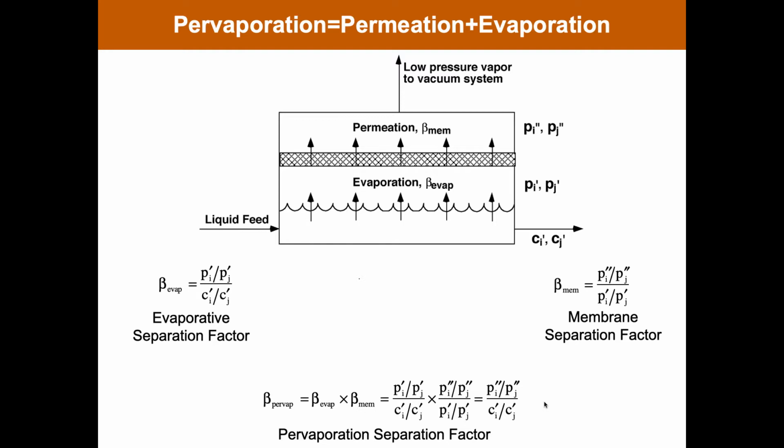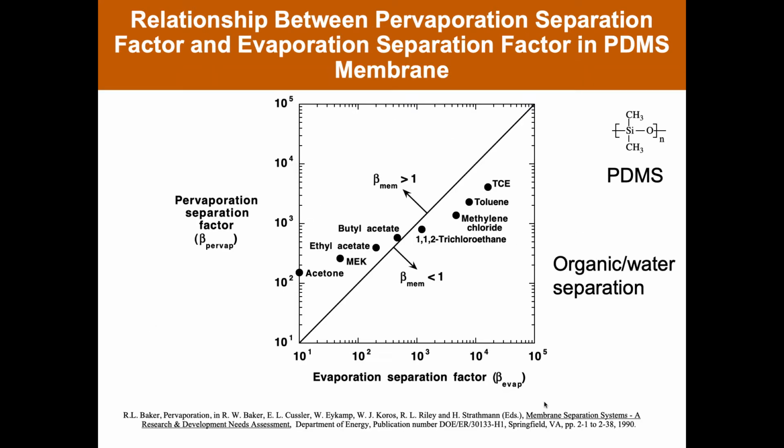And so we often talk about pervaporation separation factor being a product of a thermodynamic piece that comes from the vapor liquid equilibrium. This is the one you would know from just designing distillation columns, and then a piece that would come from the membrane separation. And these two separation factors can act together, or they can act against one another, depending on the situation.